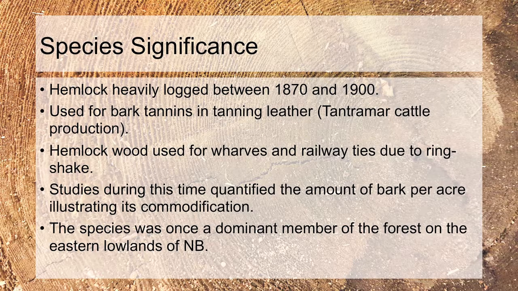Hemlock's also used, the wood was used for wharves and railway ties, but often it was just left in the forest to rot there once they removed the bark from those big old trees. And there were studies actually done at the time that quantified the amount of bark per acre. So that really shows you how much of a commodity it was.